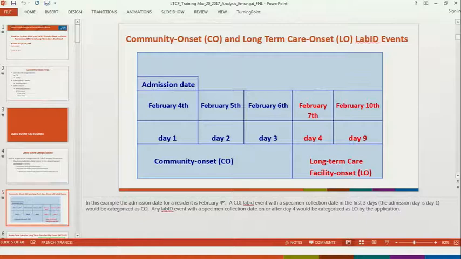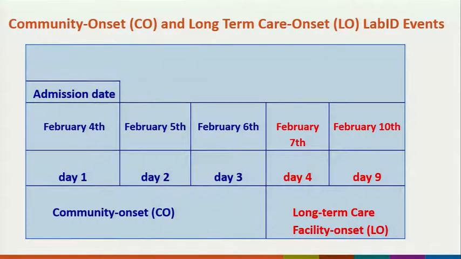That would be a community onset event. Any specimen collected on February 7th forward, so that is day 4 forward, would be considered a long-term care facility onset event.